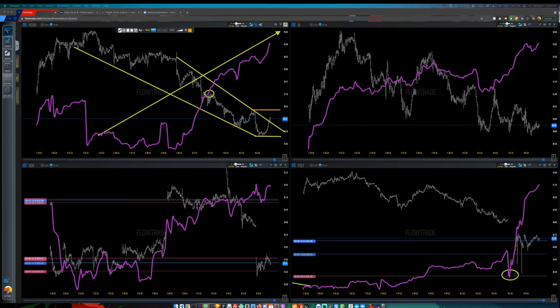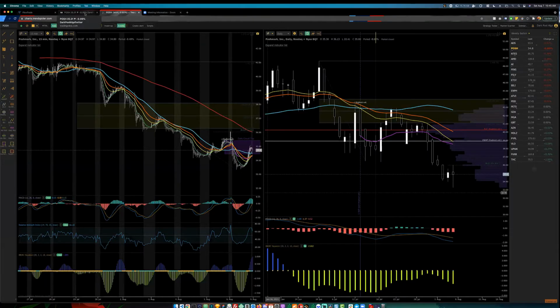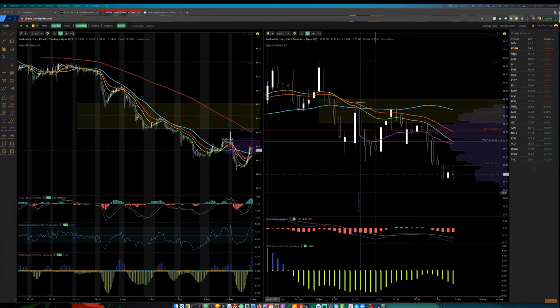Let's look at this one more time. So move up to 36 resistance. Break above for a run up to 38 to 41.